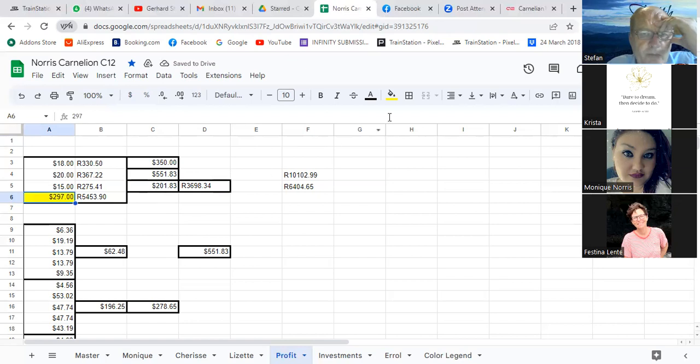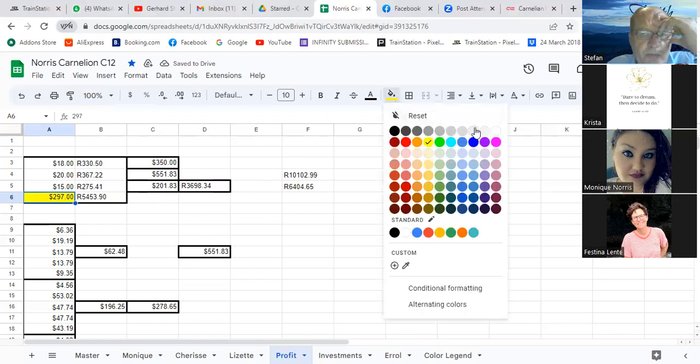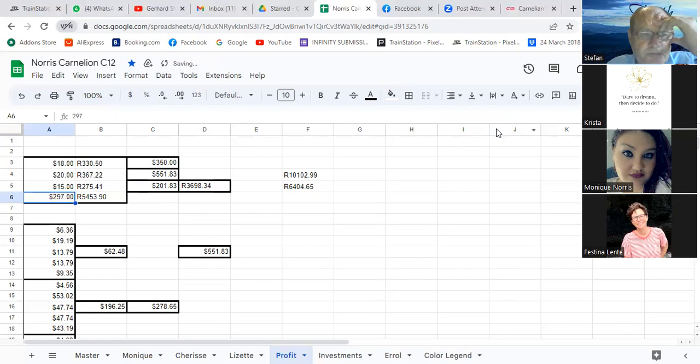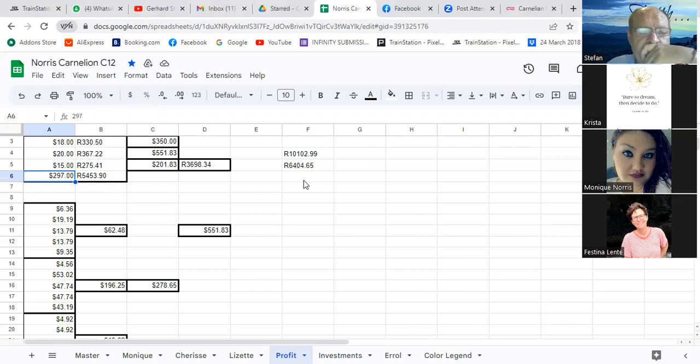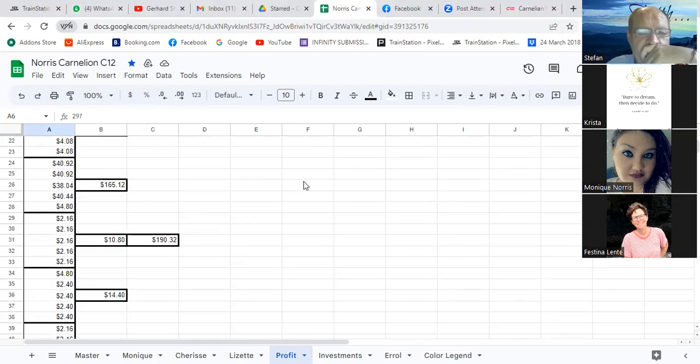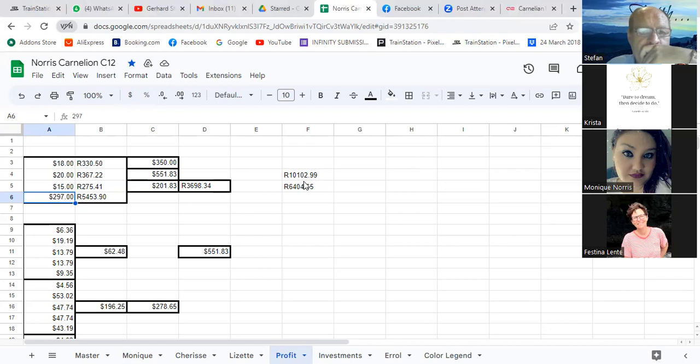The $350 makes up all of that. And the 551 is what we've been paid out to date. So that leaves us with a total profit of $201, which equals up to 3,000 Rand that we have then made above and beyond what we put in.